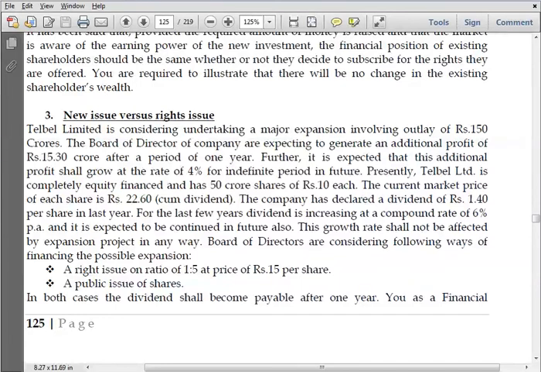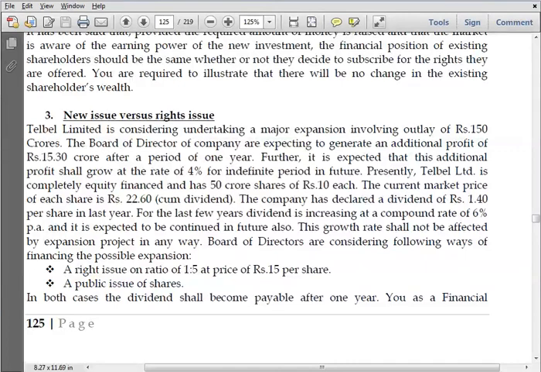Next point, KE will be calculated as per Gordon's model. Full stop.